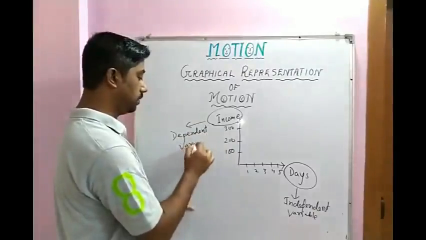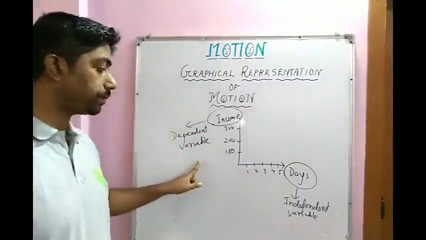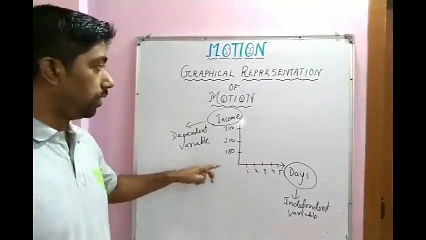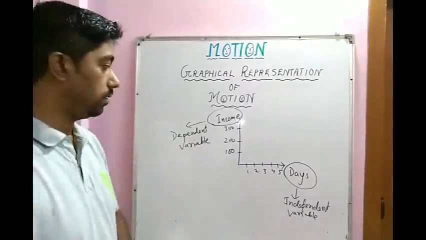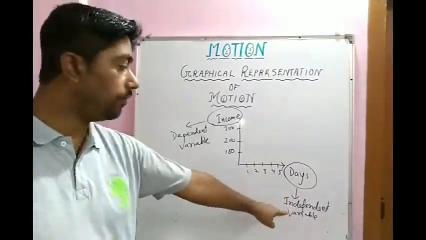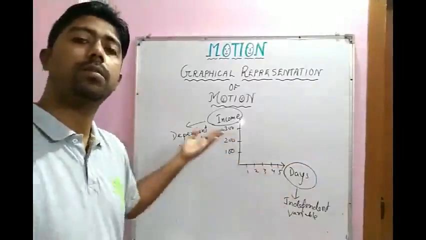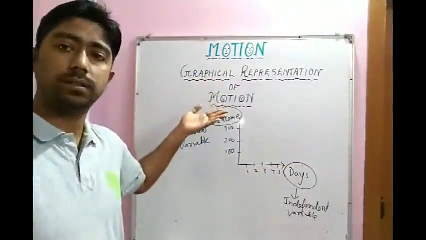What is important to note is that for our discussions in this chapter, we will limit ourselves to this type of graphs only, where one variable is plotted on one of the axes and the other variable is plotted on the other axis.